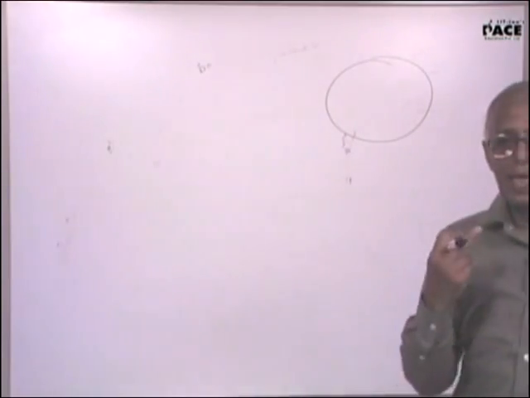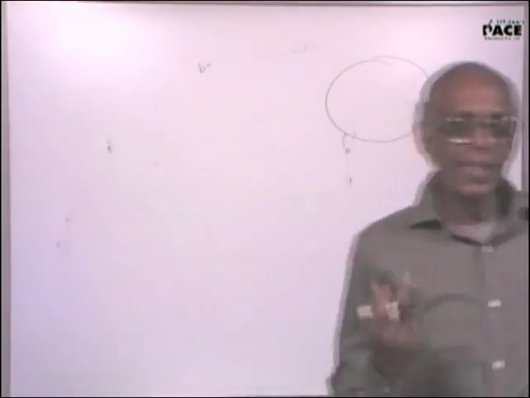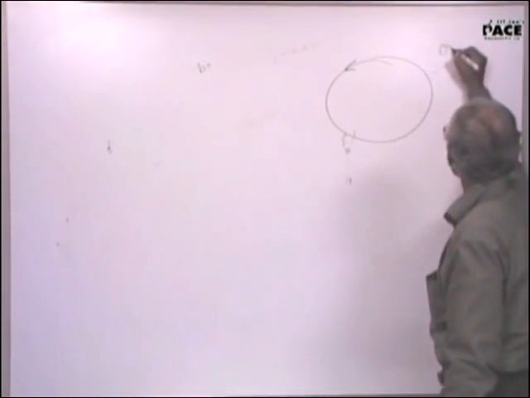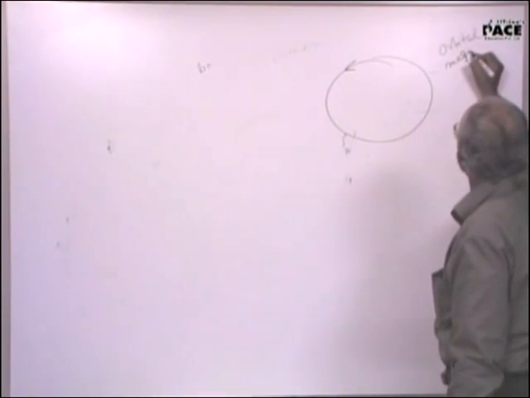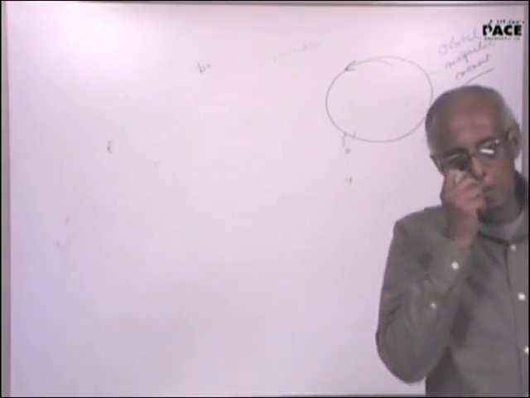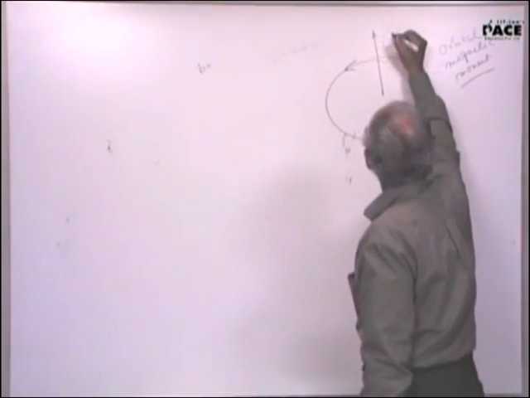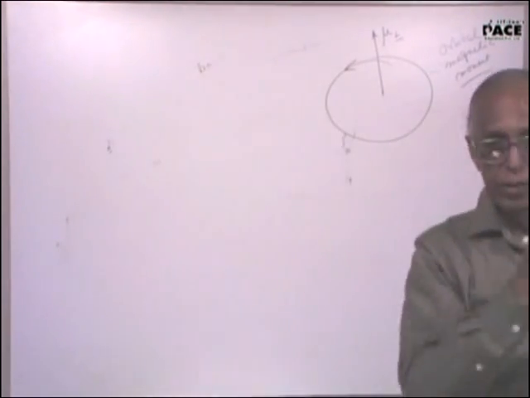Any charged particle, when it rotates, creates a magnetic field, and that is called orbital magnetic moment. It is the magnetic moment arising due to the orbital motion of the electron.